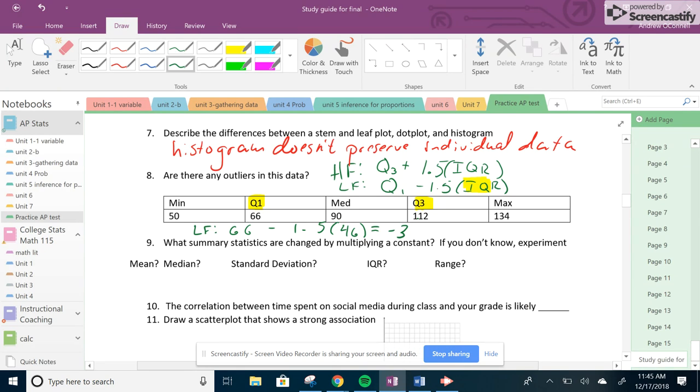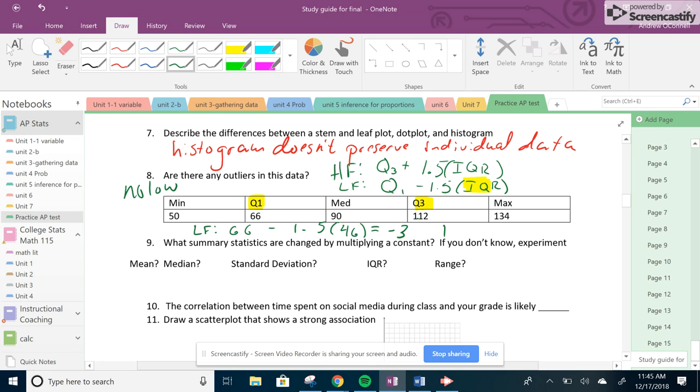Are there any low outliers? No, there are no low outliers because the minimum in the data set is 50. Our low fence is at -3.